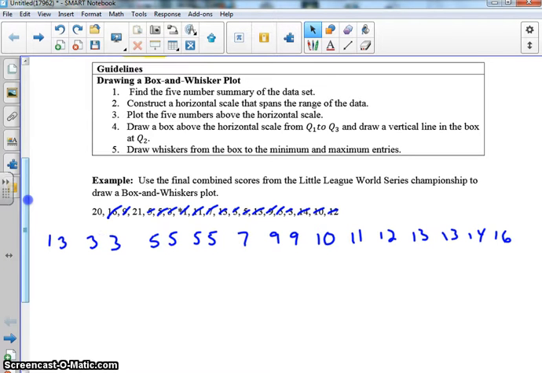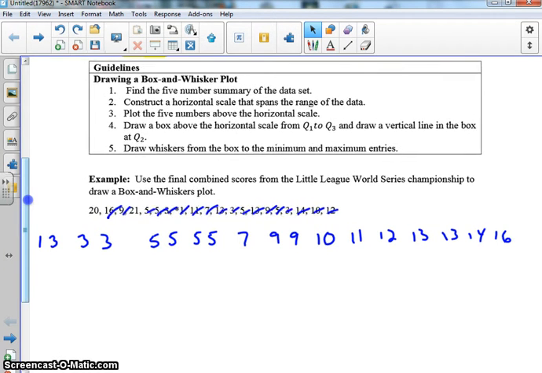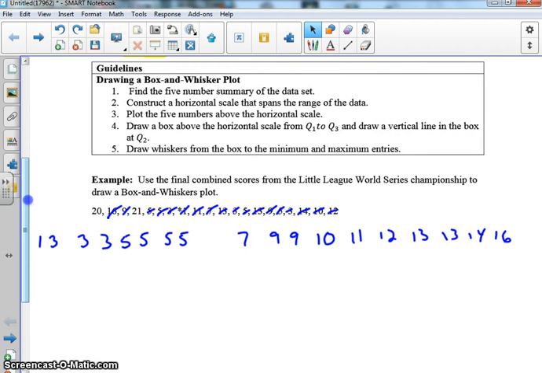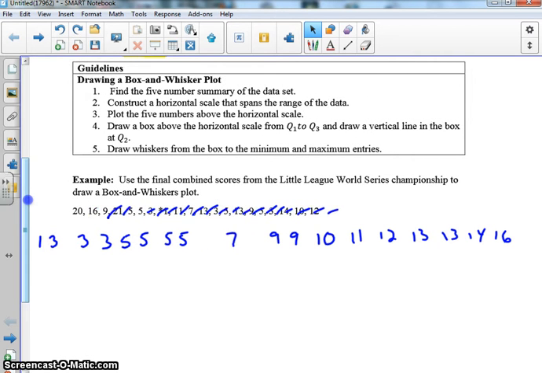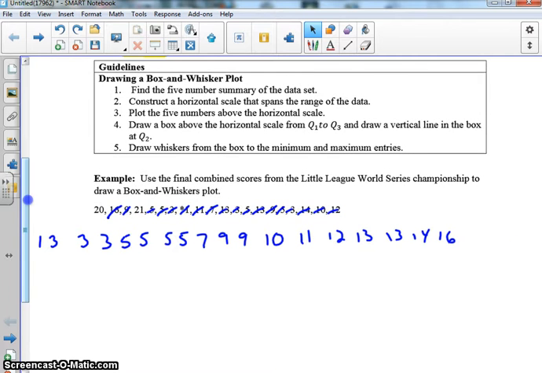Let's see if I can move these over a little bit. It'd be easier if we can put them all in a row. 20 and 21. Okay, because it's much easier if they're all in the same row here.